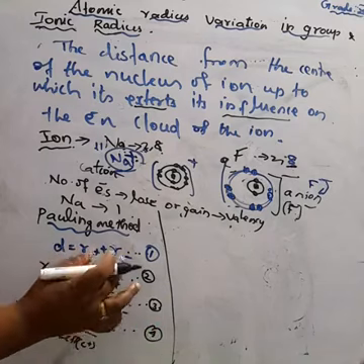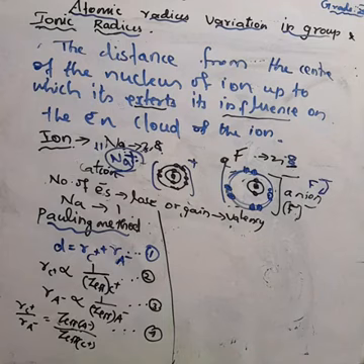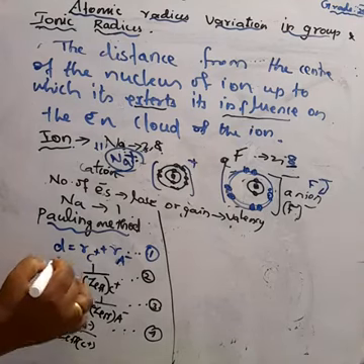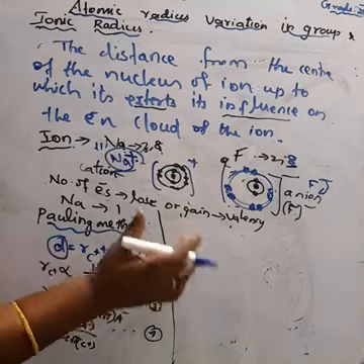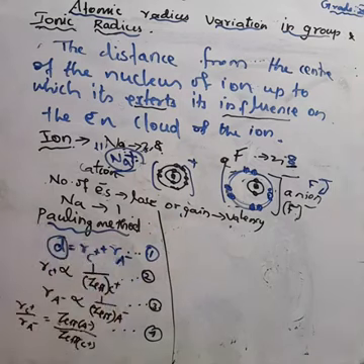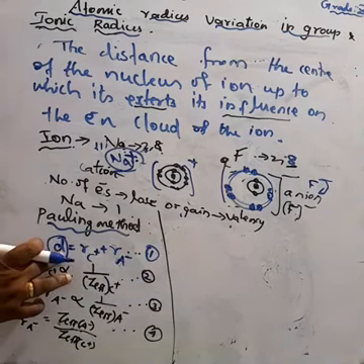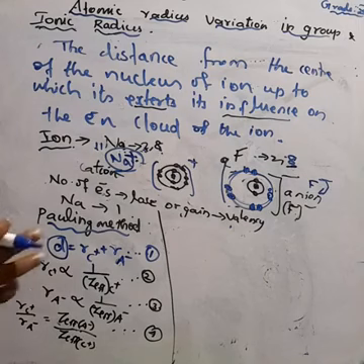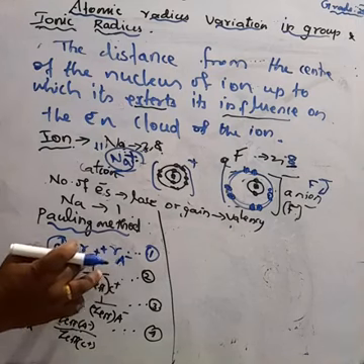By solving equation number 1 and equation number 4, the values of Rc plus and Ra minus can be obtained if we know the interionic distance, d. From equation number 1, d is equal to Rc plus Ra minus. If we know the interionic distance, we can calculate the radius of the cation and the radius of the anion.